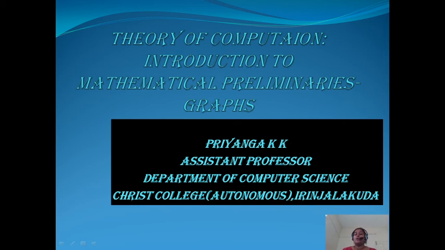Now I am going to do a brush up and add some more ideas which are needed in theory of computation. I will give more details on how the graph works and what you need in graph in theory of computation.